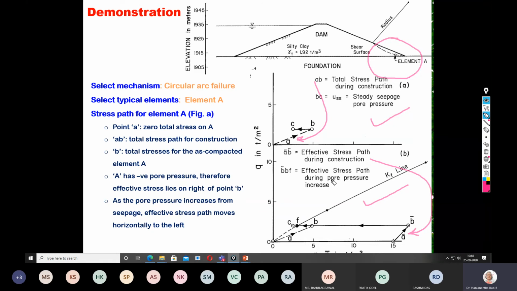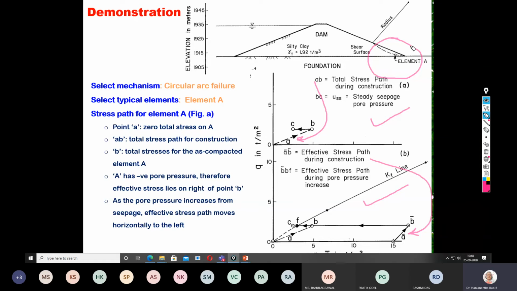Instead of this, let us try to understand in a very simplistic way. First, during the construction of an earth dam, what kind of stresses and what kind of drained or undrained condition act on element A? During the construction, we only add a small amount of water to the soil, only for the purpose of compaction.